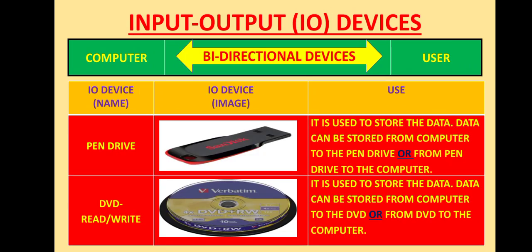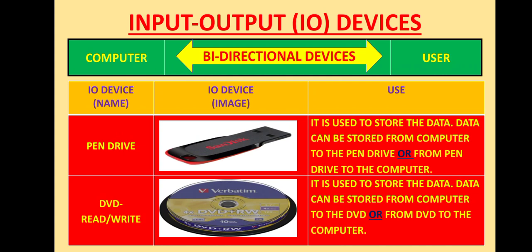Now there are some devices which work in a bidirectional way. Bidirectional means with the help of this device you can give some information to the computer or you can take some information from the computer. For example, pen drive.